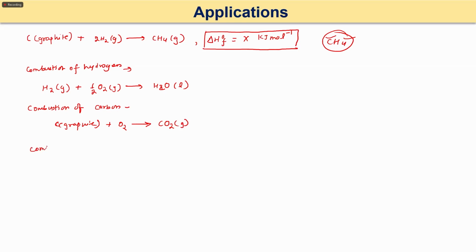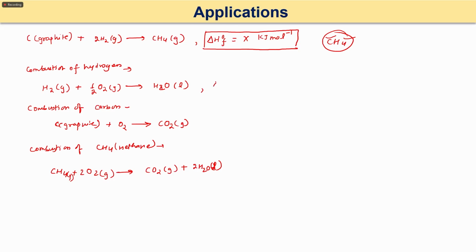Next, the combustion of methane: CH4 plus O2. CH4 is gas, oxygen is also gas, and it will give out carbon dioxide gas and 2 moles of water, which is liquid. So this is the equation of combustion for hydrogen, carbon, and methane.